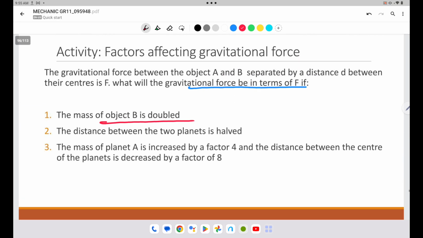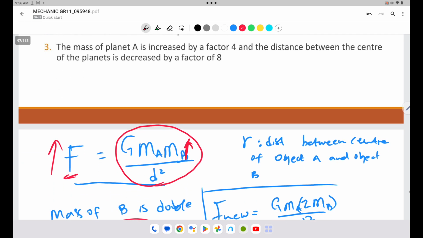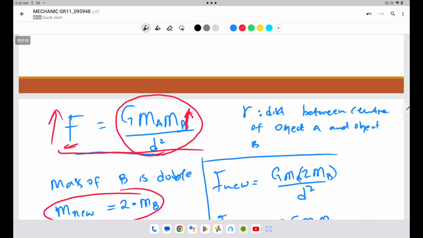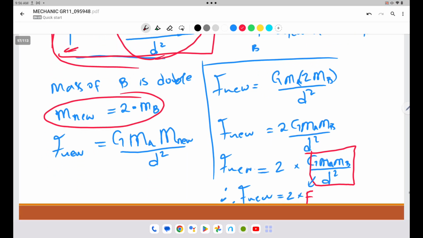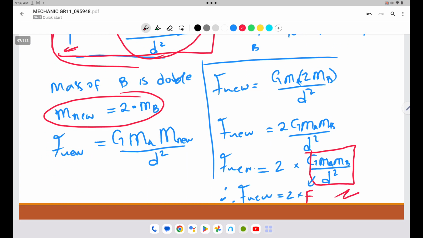In the description, when they tell you about objects A and B separated by some distance and they tell you what the force is, what you should try to do is find an expression for that force, then write a new equation for the new force, because clearly the force is going to change, and then write this force in terms of the old one. So the force will double.